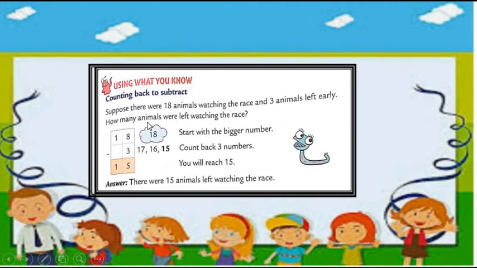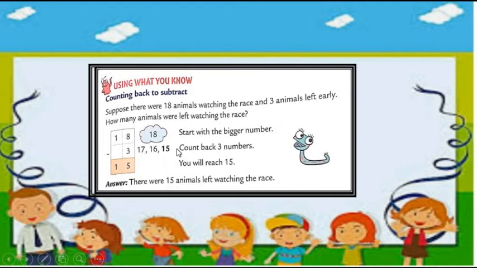How many animals were left watching the race? 18 minus 3. There were 18 animals watching the race, minus 3, because 3 animals left early.